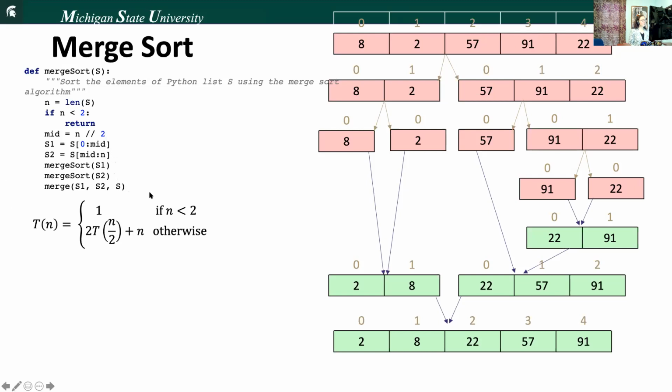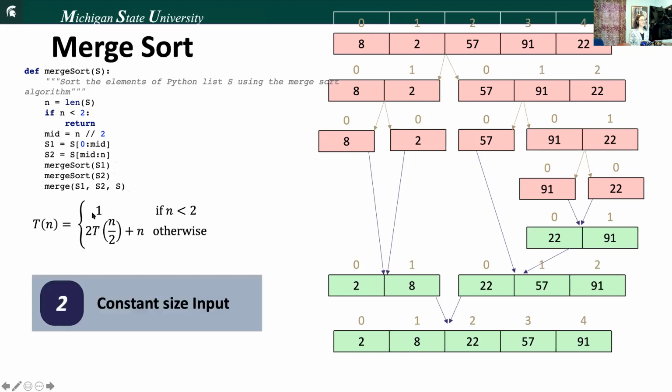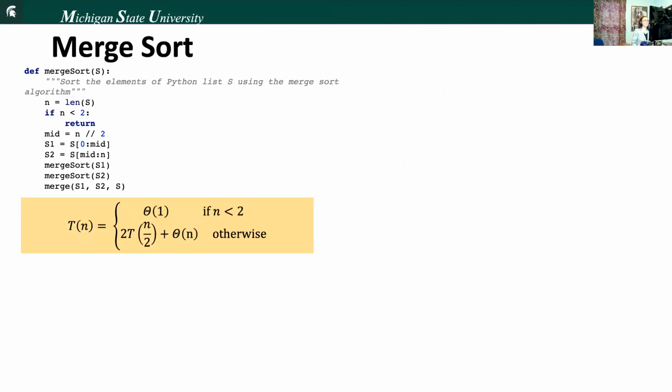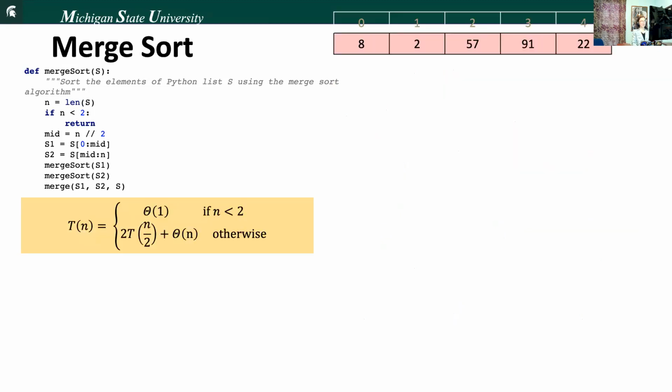So constant work, when n is less than 2, you can represent it as theta of 1. 2 recursive calls with n over 2, you're only working with 1/2 of the array, and a merge method, which is linear time. More formally, I can represent it like this. Theta of 1, 2T(n/2), theta of n, okay?